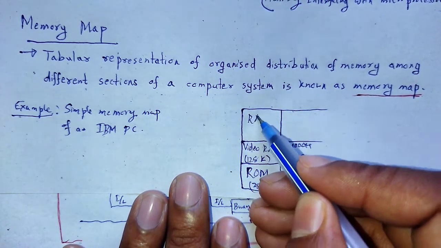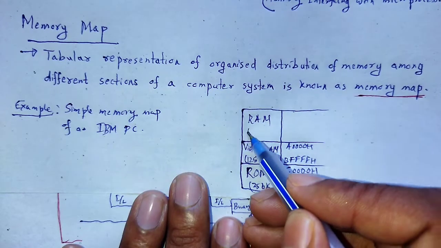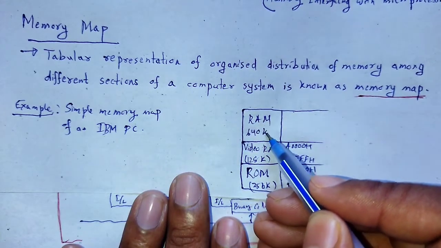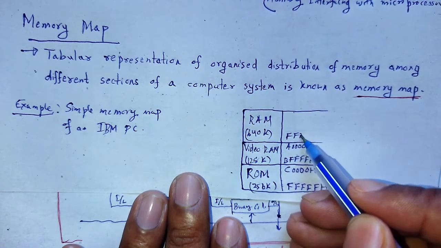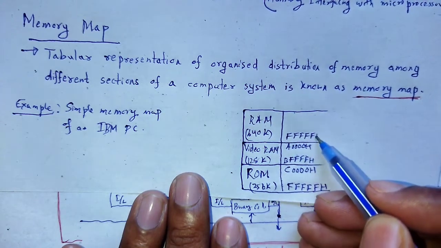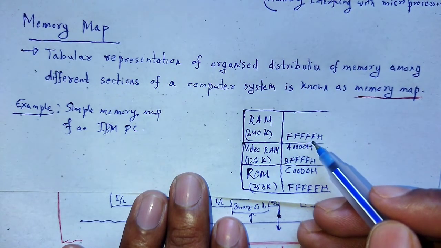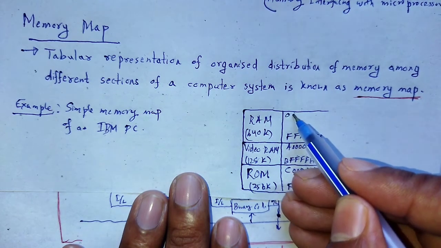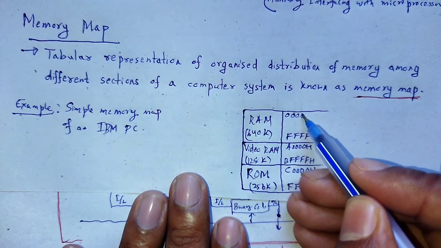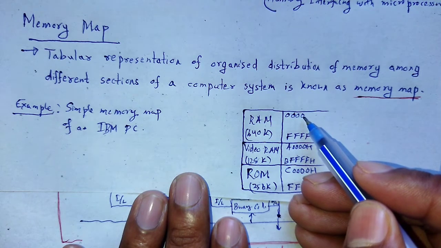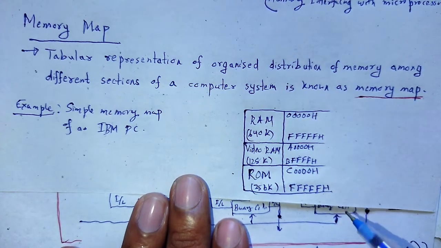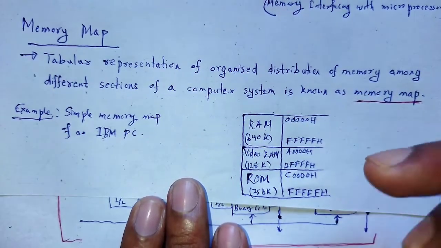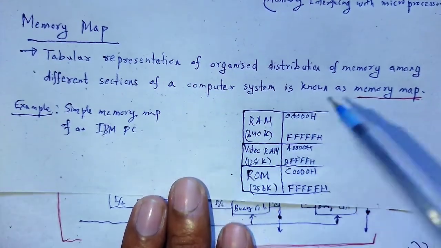For RAM, that is 640K, its range is 9FFFFH to 00000H. This is the memory mapping of an IBM PC.